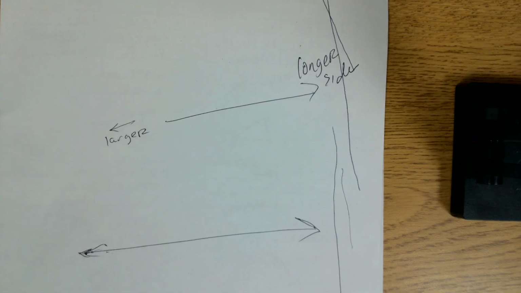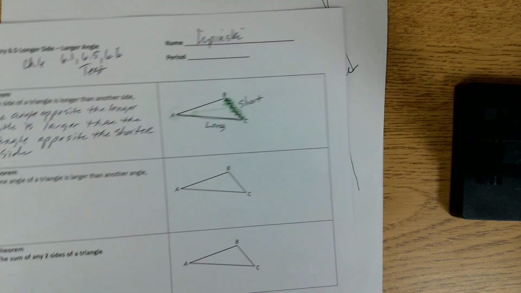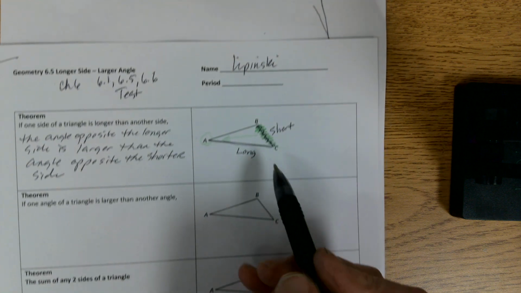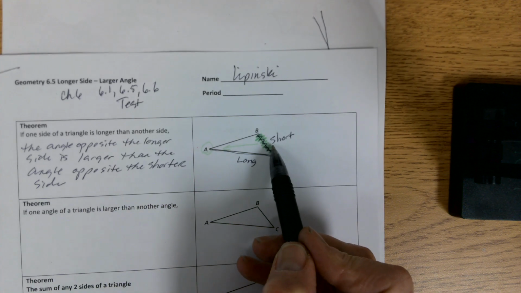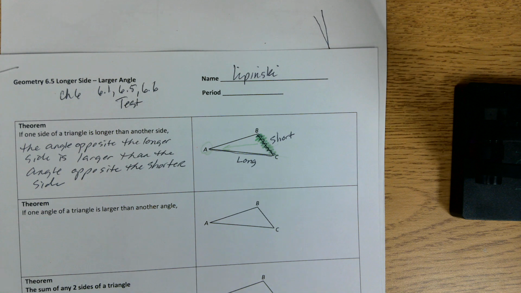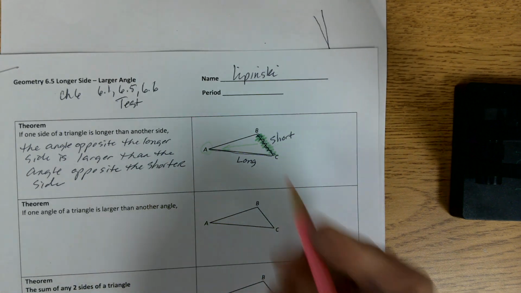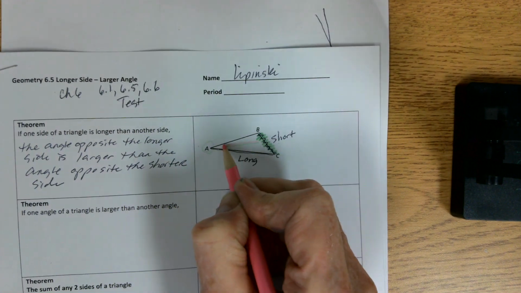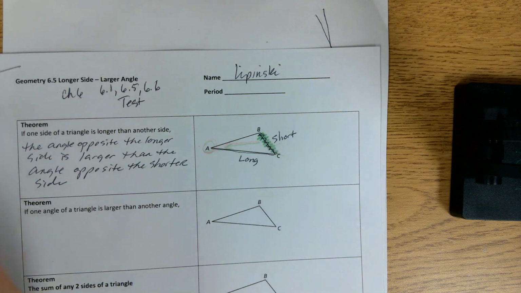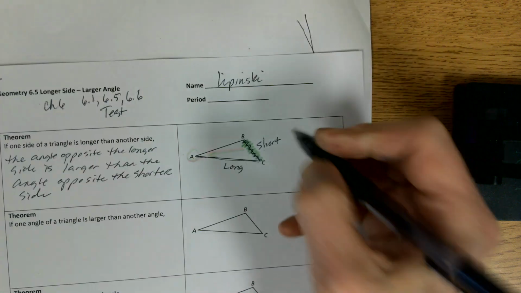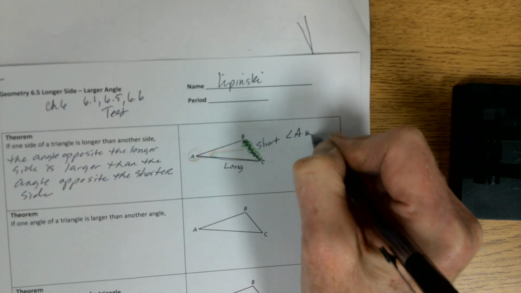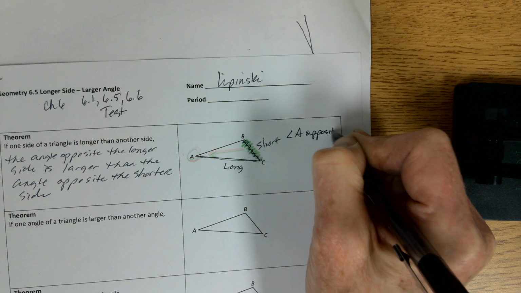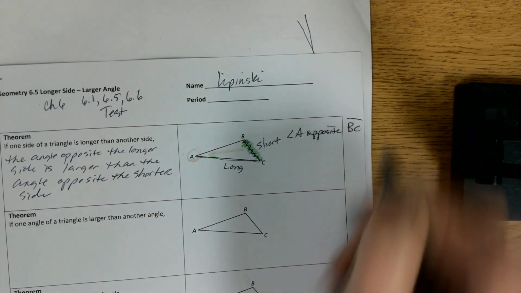So when we come back to our notes here then, if I want to know what angle is opposite of this short side, some of you guys will just see it. You'll go, well, geez, this is it right here. This is what's opposite. Angle A is opposite side BC.